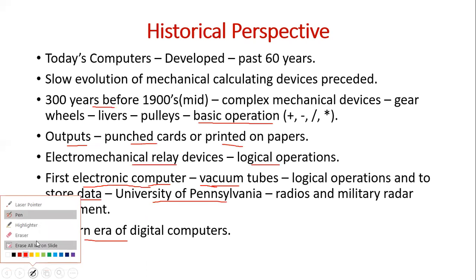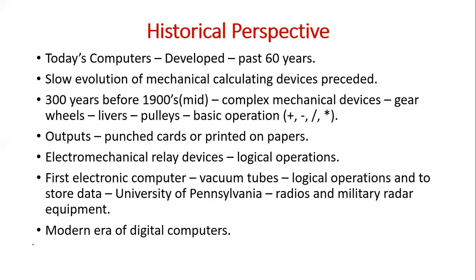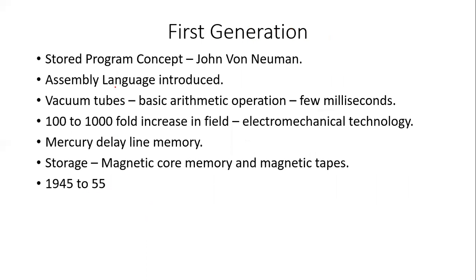Okay. So with this brief history, let us try to understand the various generations of computers. The first is the first generation computer, which is the one that used vacuum tubes.